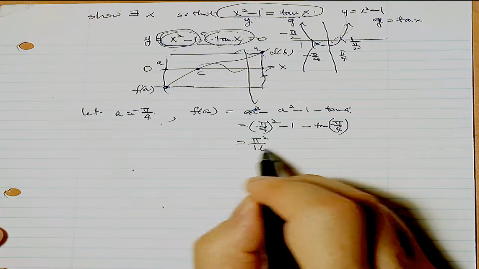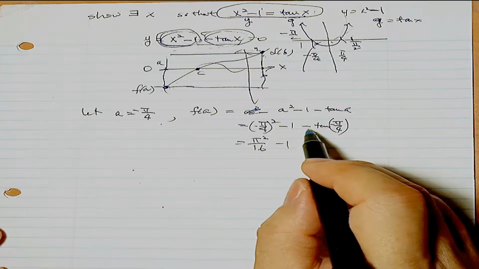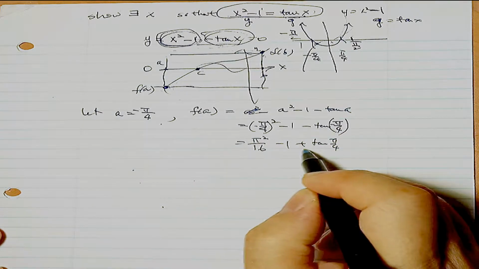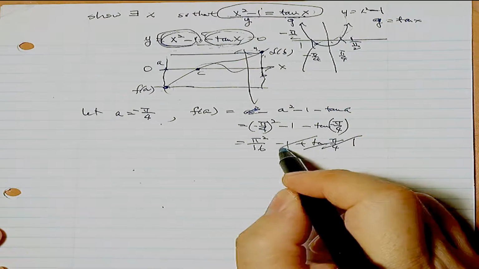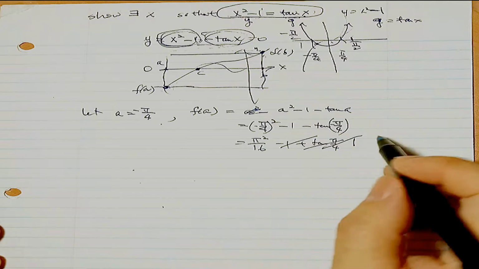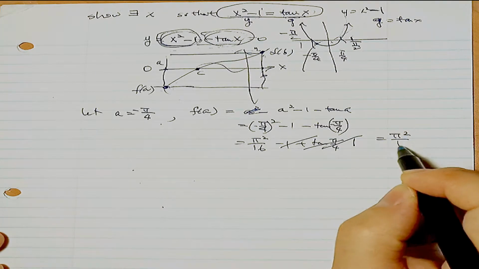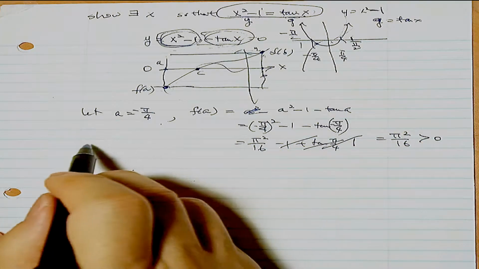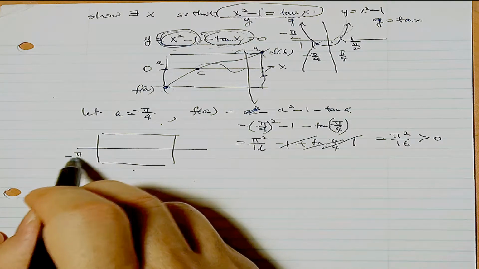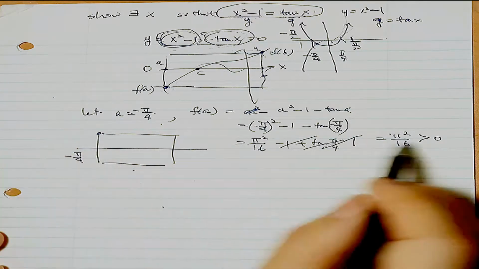Pi squared over 16 minus 1. Tangent negative is the same as plus tangent positive. So this is 1. 1 minus 1 cancel. So this is now pi squared over 16, positive. Okay, so that means that I have a box, and at negative pi by 4, I have a positive number.